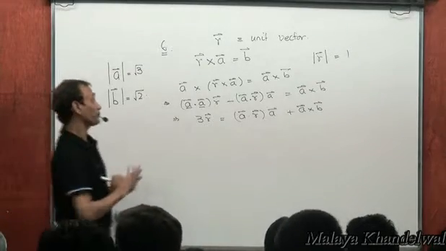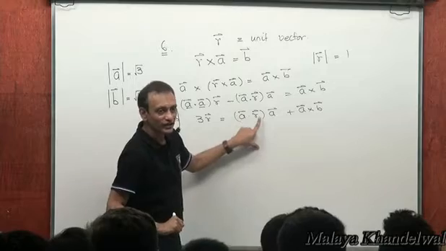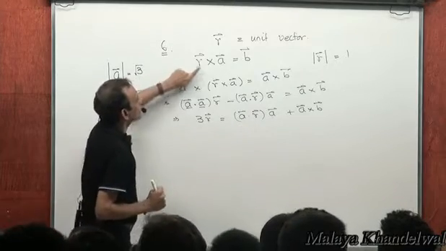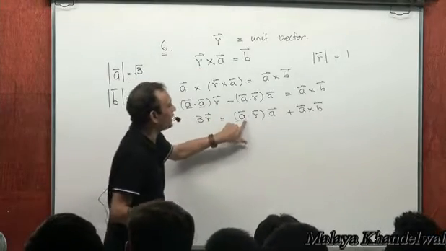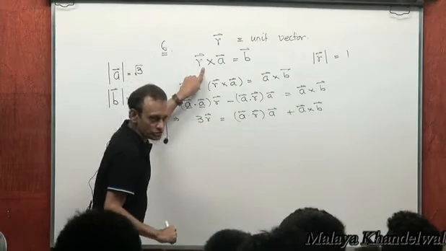Right? Now, to solve for r, I need A dot r. I need the value of A dot r. That means I need mod A into mod r into cos theta. Come down to the mother equation.